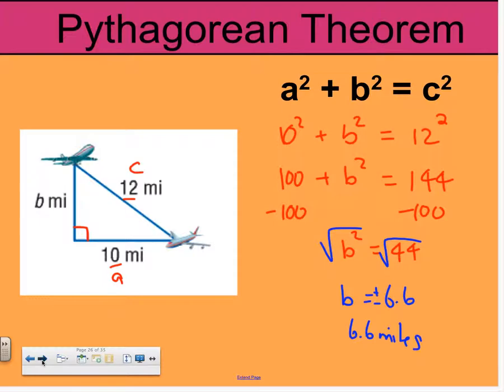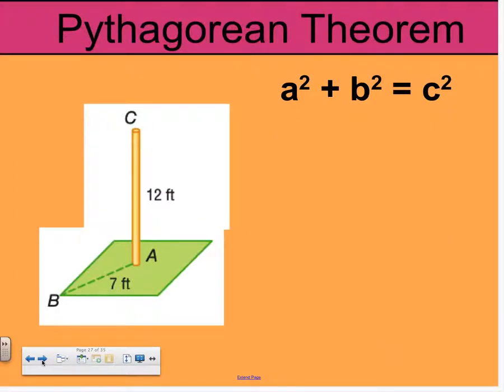Okay, one more. This one is a little bit tricky because we're kind of getting into some three-dimensional thinking. So we have a pole in the ground, and this pole casts a shadow. So we know how tall the pole is. We know that the shadow is 7 feet long.